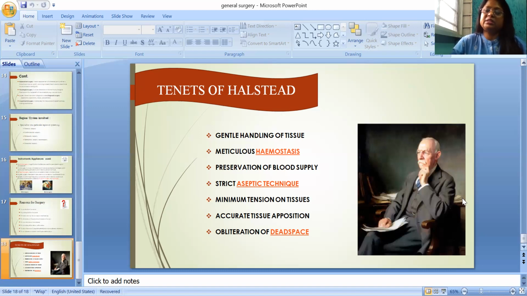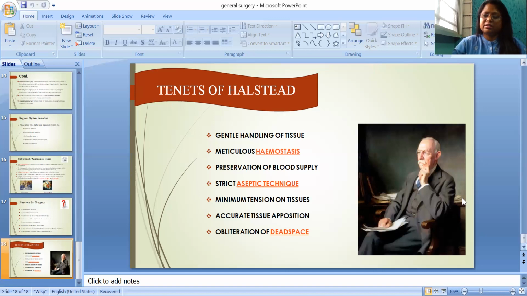Obliteration of dead space, right? There should not be any dead space during surgery. If there is dead space, then complications will occur and chances of infection will increase.